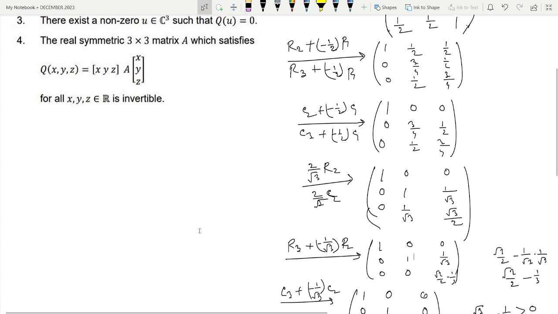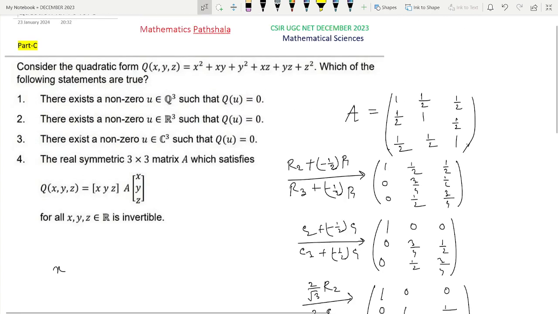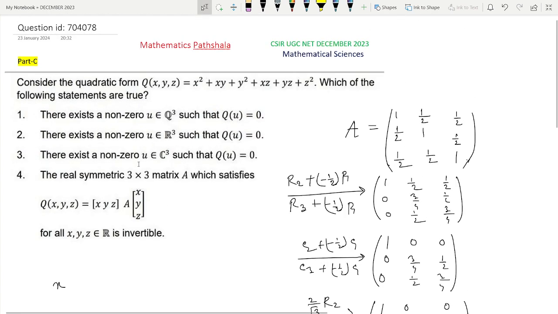So now look at the options, and also for this matrix the quadratic form becomes x square plus y square plus z square.